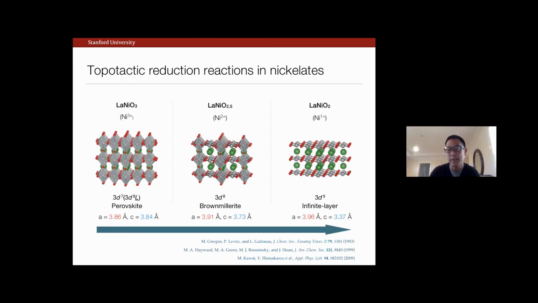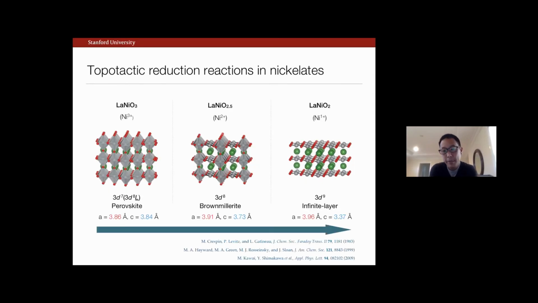We'll be using calcium hydride. And finally, about a decade after that, about 11 years ago, it was first reported that you could perform the same reduction reactions in thin film form. And we'll certainly be utilizing these three key steps in the work that I'll show you.